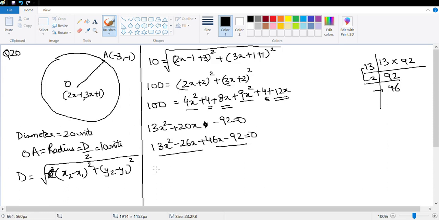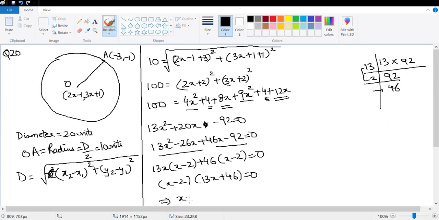Grouping them together, 13x times (x minus 2) plus 46 times (x minus 2) is equal to 0, which means (x minus 2) times (13x plus 46) is equal to 0, which means x is equal to 2, or 13x is equal to negative 46, which means x is equal to negative 46 upon 13.